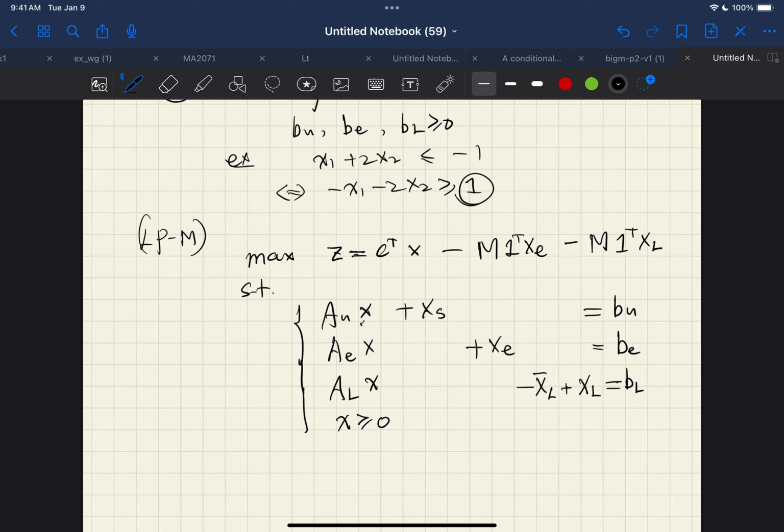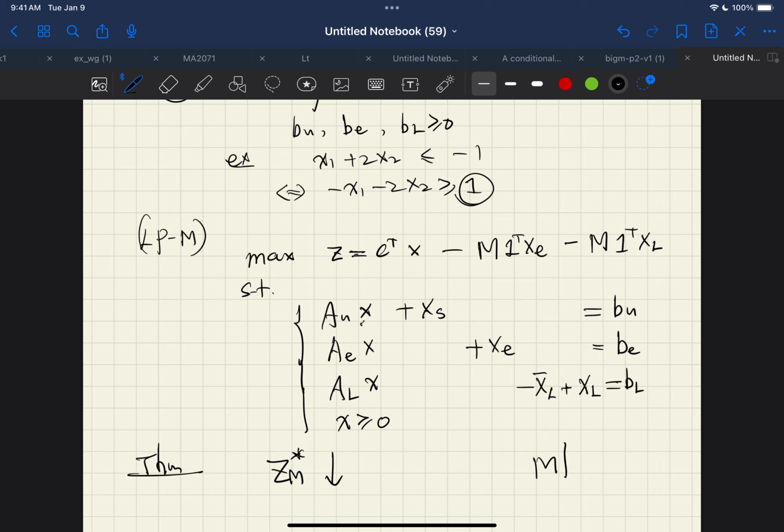All right, then what we need? The same theorem again: ZM star, the optimal value of the RPM problem, is decreasing as m goes to infinity.